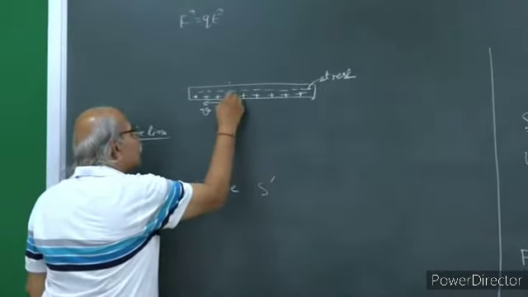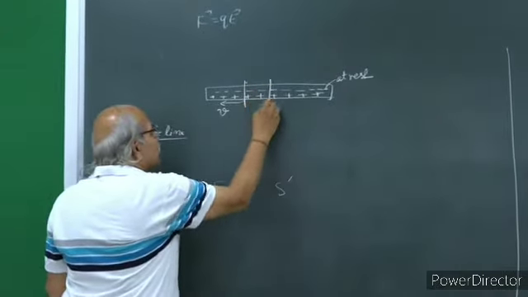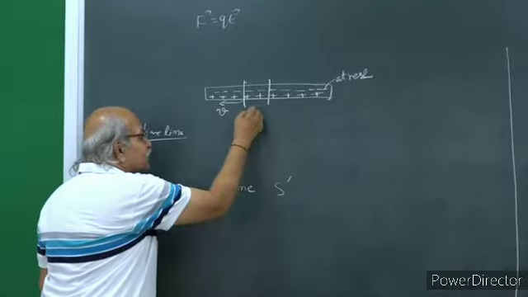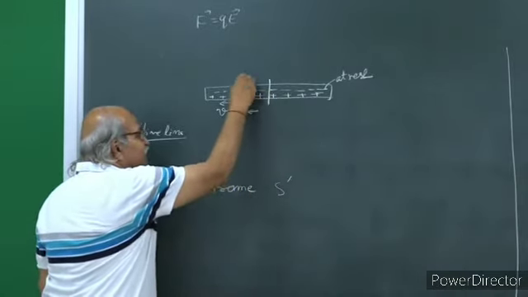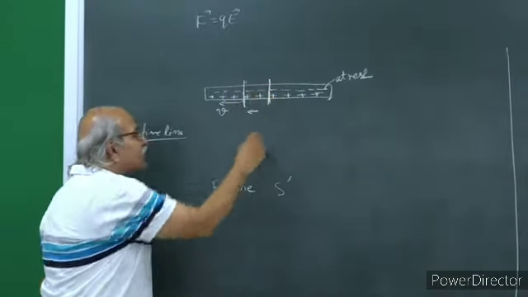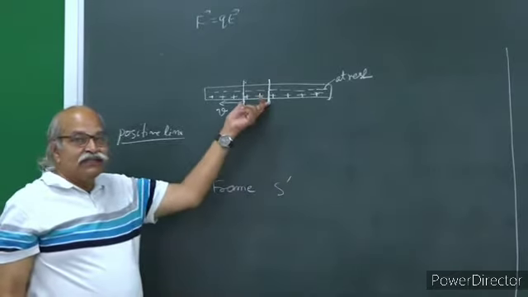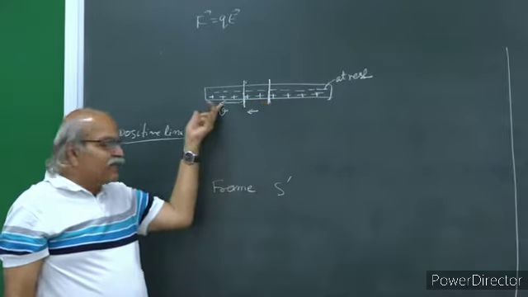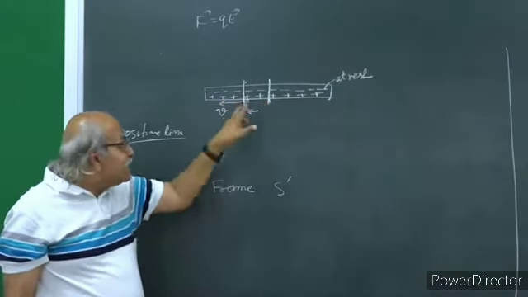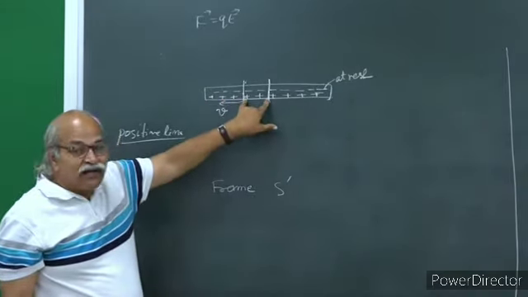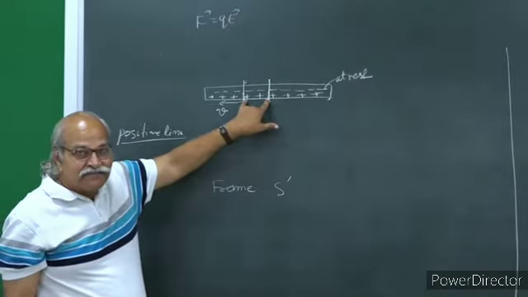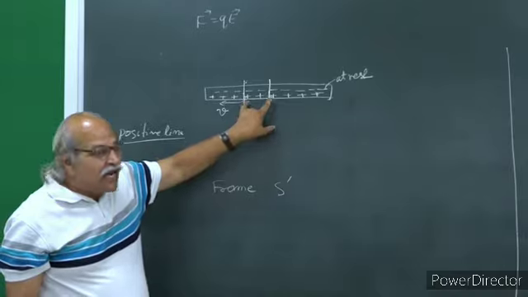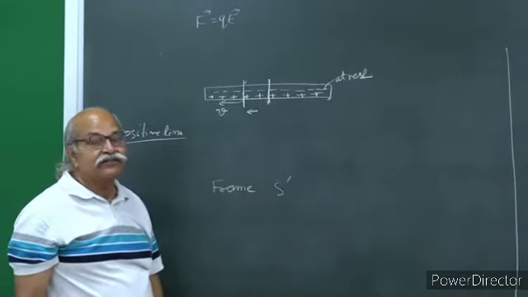I am only looking at this positive line. So in S prime frame, the separation between these two red marks, that is what I want to measure, it is moving. So the length between these two red marks on the positive line is smaller in S prime and is larger in S.